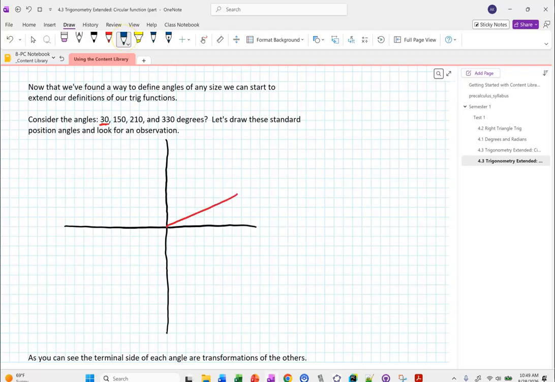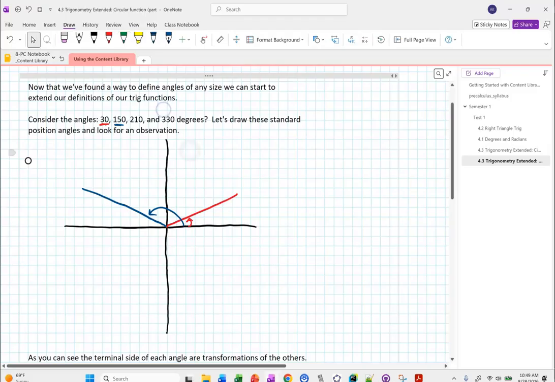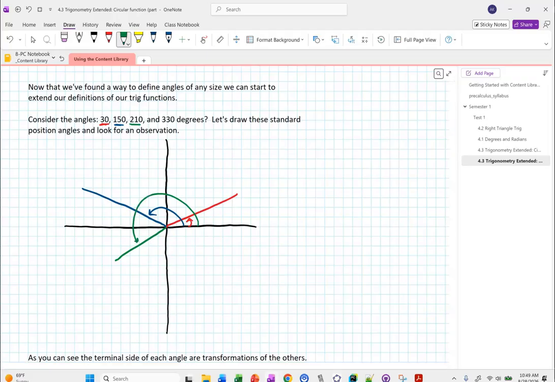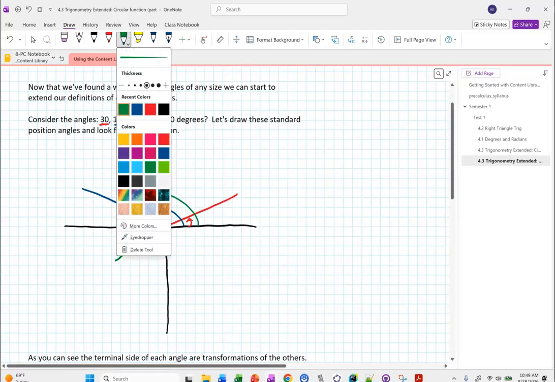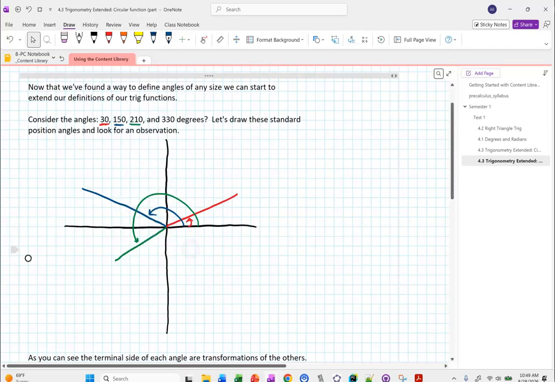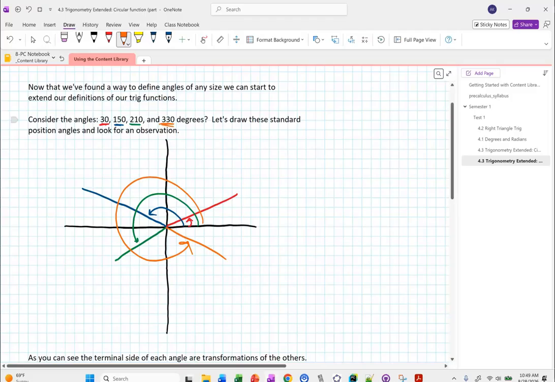So a 30, and we'll do 210. And then we'll do, which looks good, and then that's a 330.